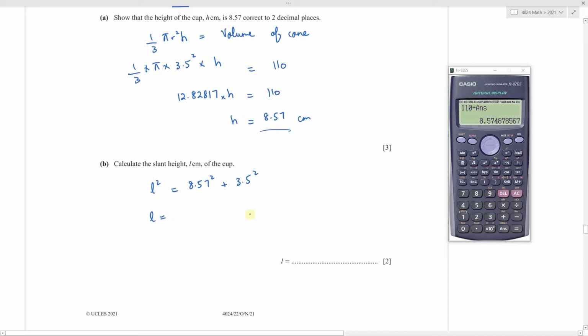So L will be the square root of this. So this will be 9.26 centimeters up to three significant figures.